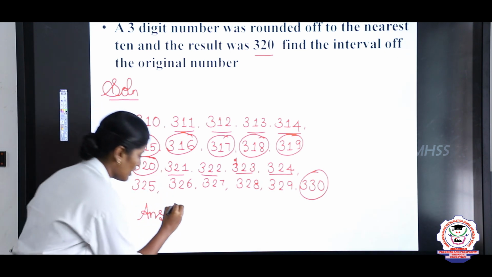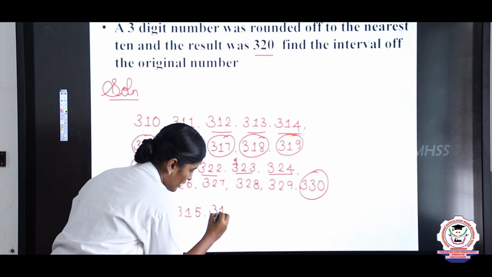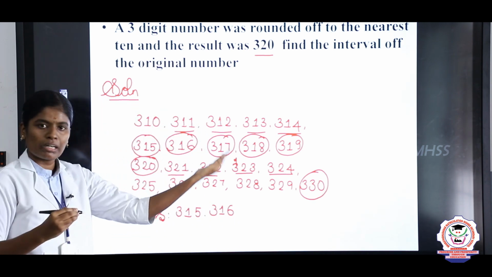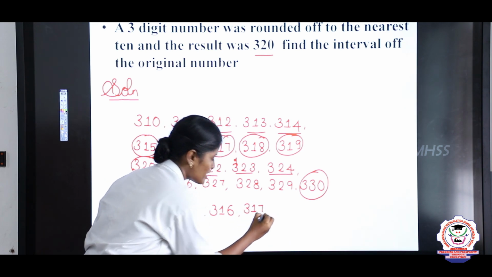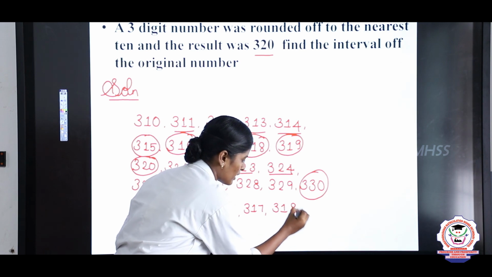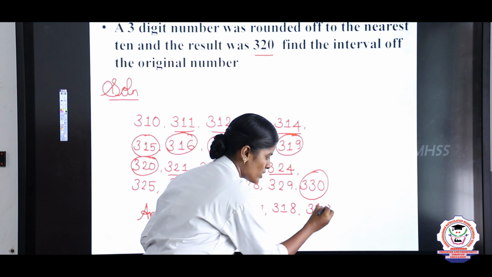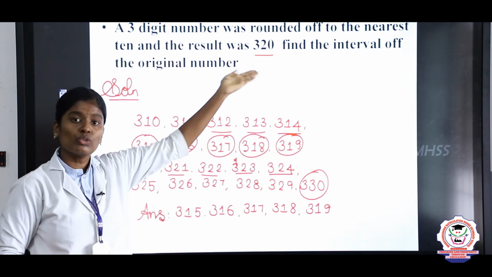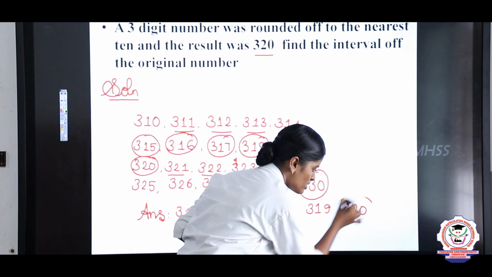315, 316, 317, the next number is 318, and the next number is 319. So actually the question is rounding the number to the nearest 320. So 320 and put a circle.